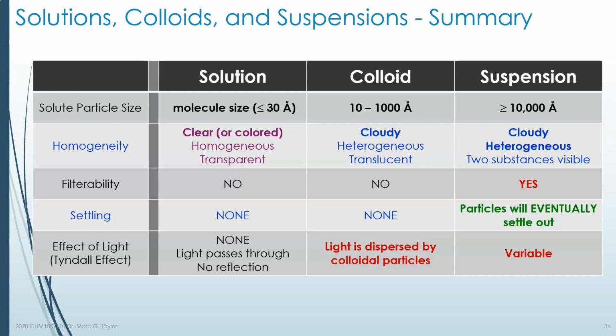They are technically heterogeneous, and they are translucent, so some light may go through them, but not a lot. Whereas by the time you get to suspensions, they're very cloudy and heterogeneous, and frequently no light will go through them at all. They're opaque in many cases, and you can even see multiple substances floating around in the solvent as far as the whole mixture goes.